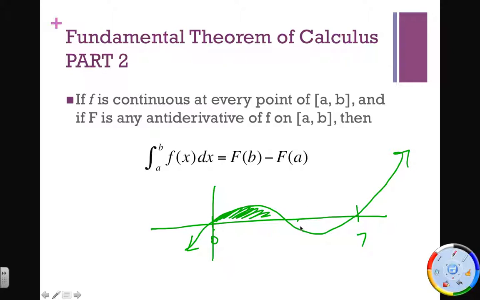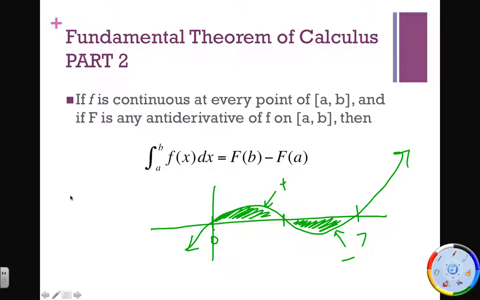And I could look at total area, where I would have to actually look at what's the positive amount of area in here. Well, you're going to have to figure out what this intersection point is, and you're going to have to do this. But for the most part, we don't really deal with it. We deal with what's called net area, and net area is just what's the total area here. This being positive area, this being negative area. What's the net? What's the overall?